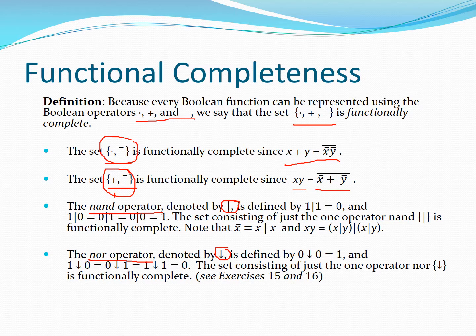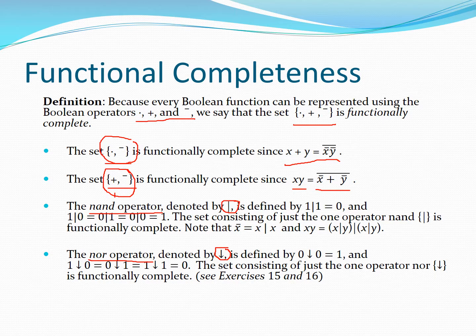Okay, so how exactly is the NAND operator defined? The NAND operator is defined using the following rules. 1 NANDed with 1 gives you 0, but 1 NANDed with 0, 0 NANDed with 1, or 0 NANDed with 0 is all equal to 1.